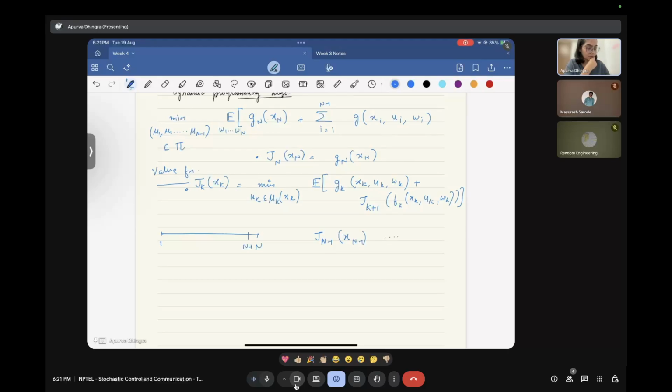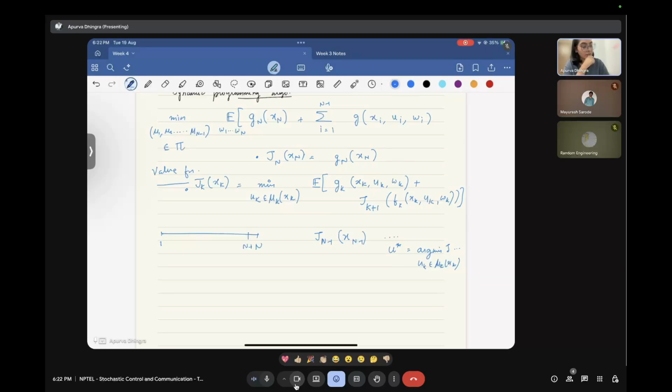Once we optimize this particular type of object, we will get something optimal here. We'll get the optimal action here, which is just the argmin of this object. The action u_k can vary as a function of the state, that's fine.